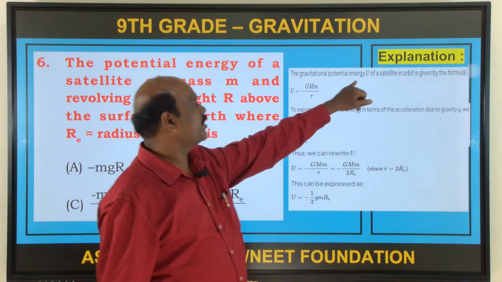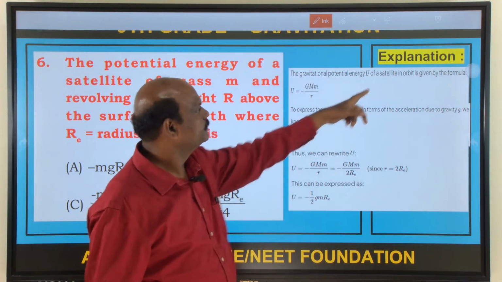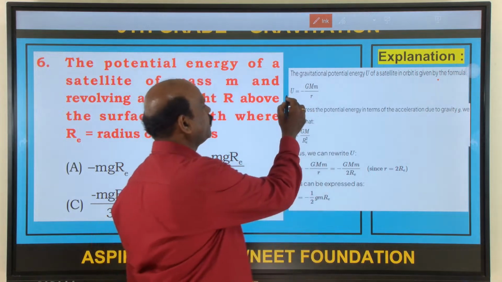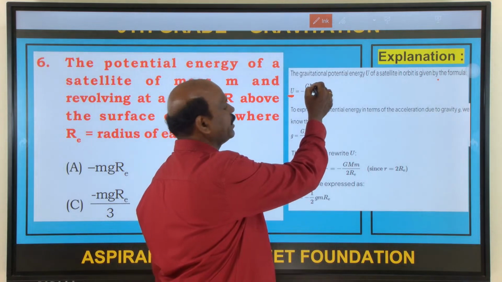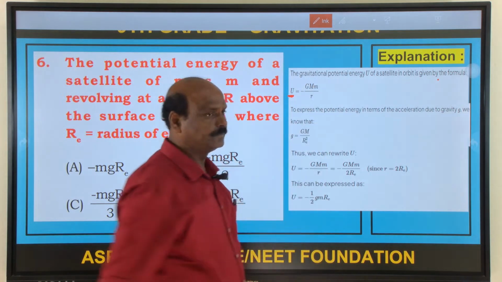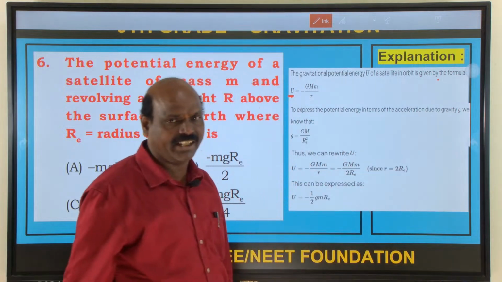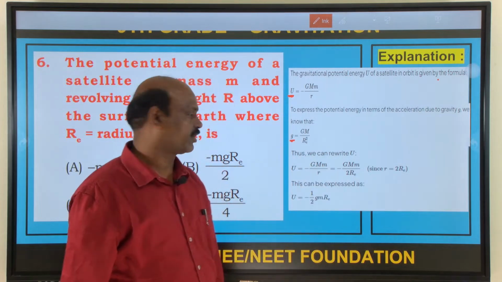The gravitational potential energy U of a satellite in orbit is given by the formula U is equal to G M m by R. To express this potential energy in terms of acceleration due to gravity, we use the formula g is equal to G M by R squared.